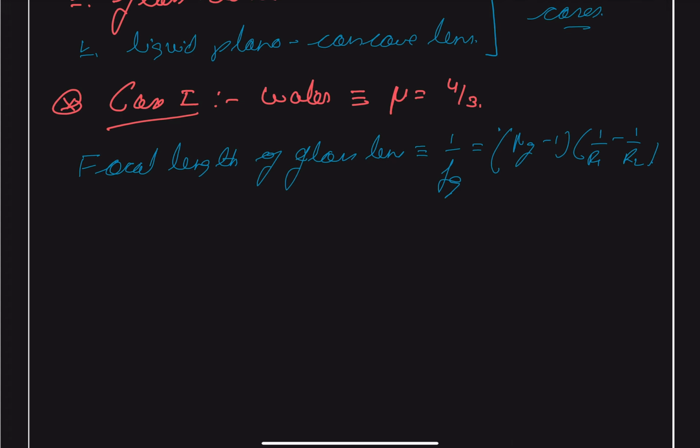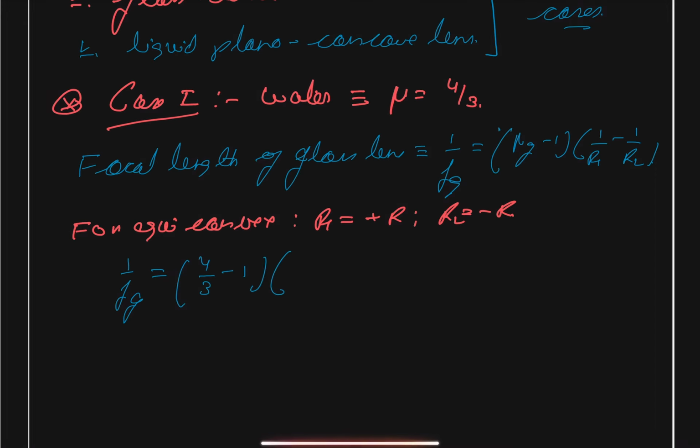As it is equiconvex, R1 for one side will be positive and the other side will be negative. So for equiconvex, R1 will be plus R and R2 will be minus R. Substituting, we get 1 upon Fg is equal to (4/3 minus 1) times (1 upon R plus 1 upon R).